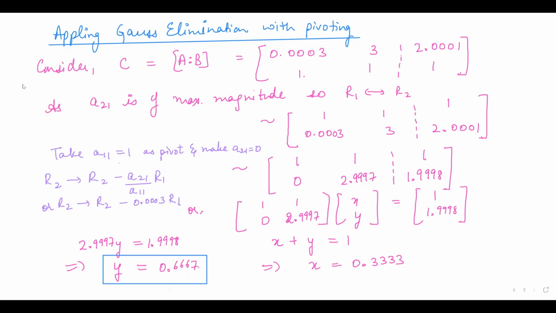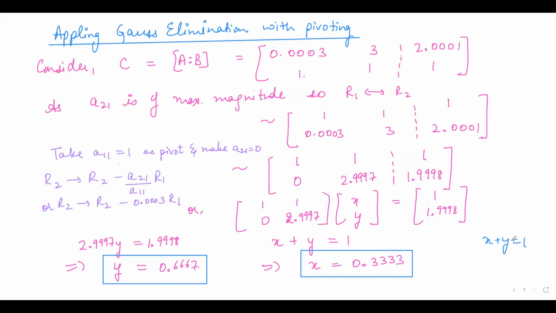So this is my value of x. Now, when you substitute these values in the system of equations, you would notice that yes, you are getting the correct answer. Even for x plus y, when you add these two values, you get 1. And the other equation is also satisfied.